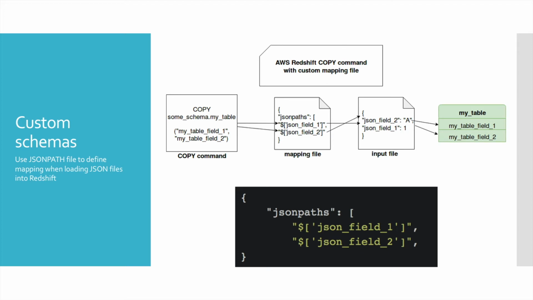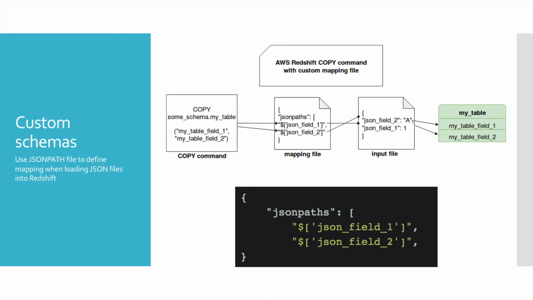For the copy command, we can also customize the schemas. We can use a JSON path file to define the mapping when loading JSON files into Redshift. We can see on the right side of the picture that when we use the copy command and want to do some conversion or change a field name, we can use the mapping file to define the input and target fields.